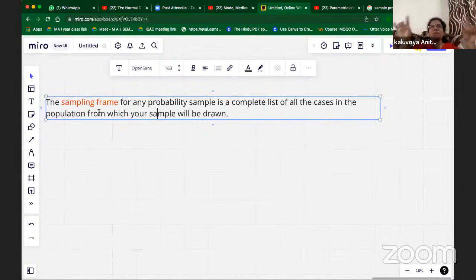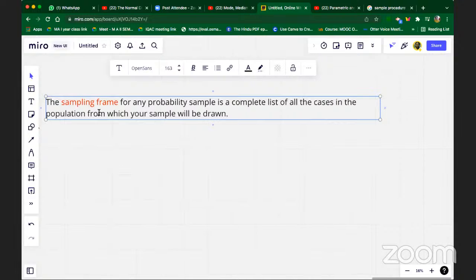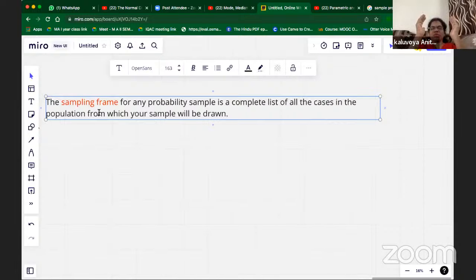What is the meaning of a frame? In a frame you have four sides, and within that you have the elements placed. When you look into the frame, you see only those people in it. Similarly, that frame consists of the people in the rural area who want to pursue education. All those people who want to pursue education fit in the frame you want to study. That is called a sample frame.